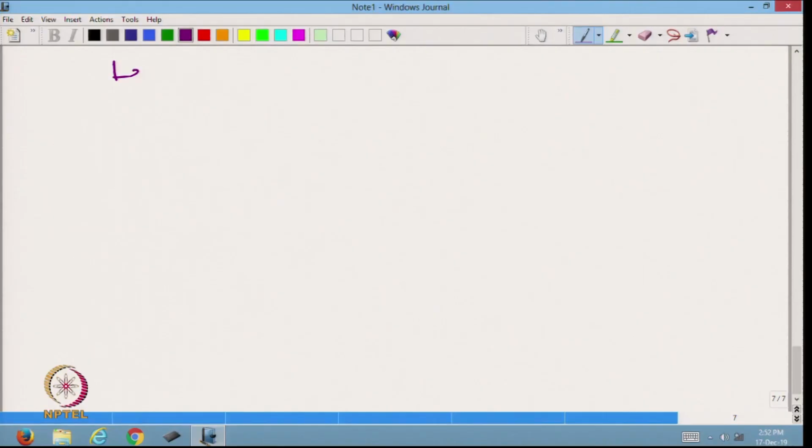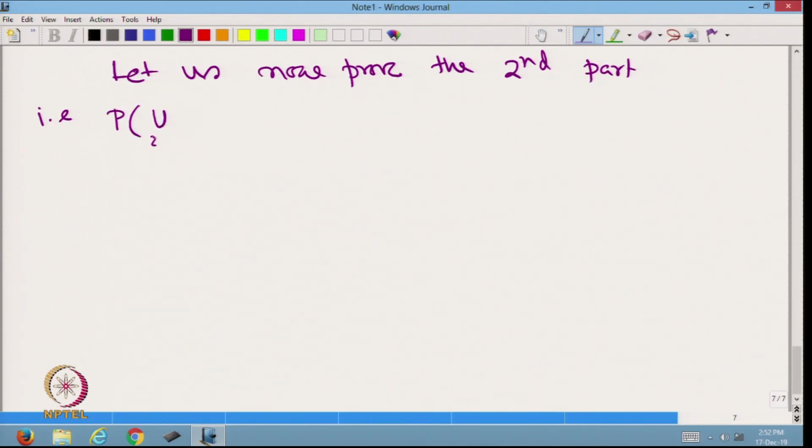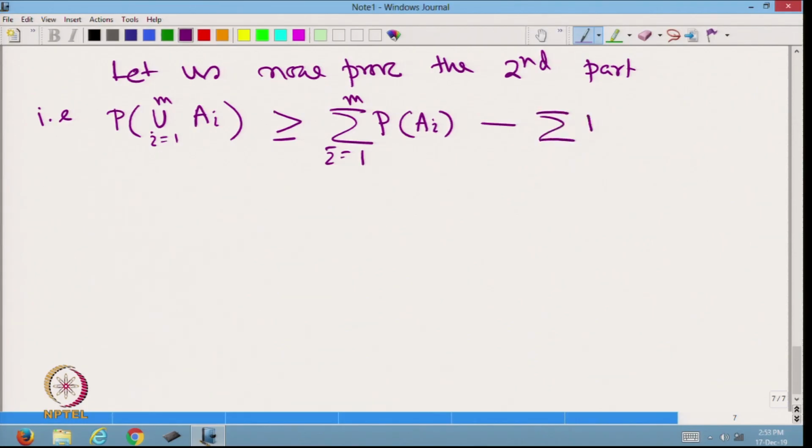Let me now go to the second part, that is, probability of union over i equal to 1 to m of Ai is greater than or equal to sigma probability of Ai, i equal to 1 to m, minus sigma probability of Ai intersection Aj, i less than j.